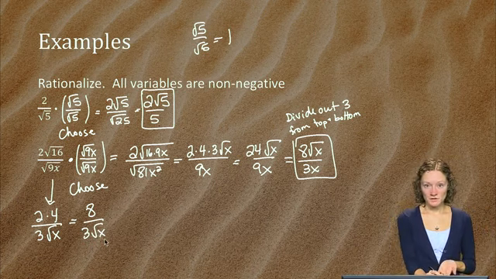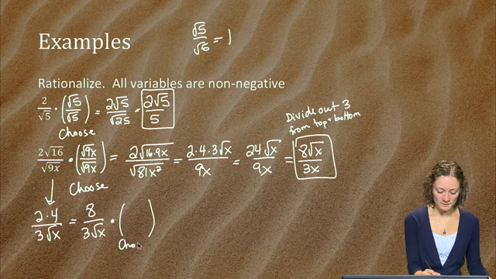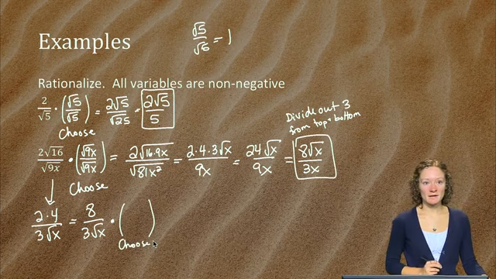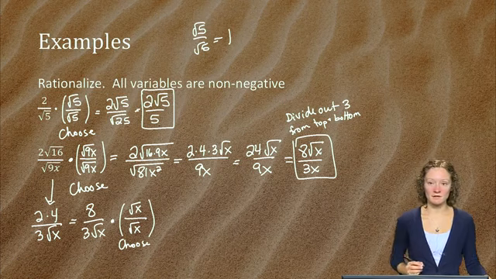And then, still, the ultimate goal of rationalizing is to get rid of the radical in the denominator. So, again, we choose to multiply by something, top and bottom. And because our radical only has the square root of x now, we could choose just to multiply top and bottom by square root of x.